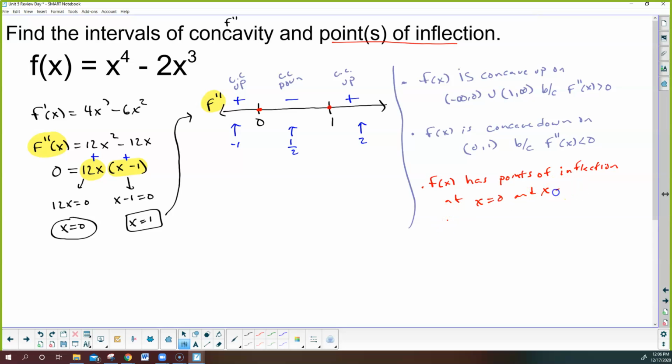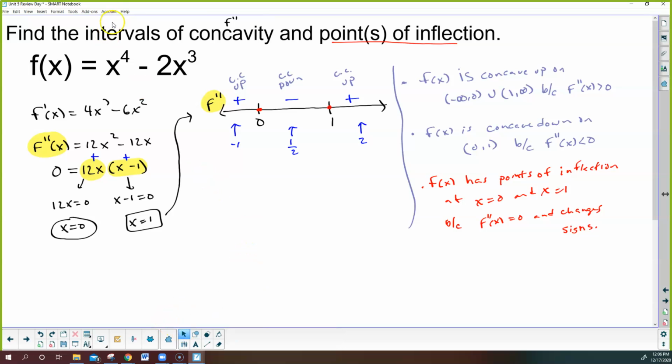Why? Because f double prime is equal to 0 and changes signs. That's all you got to put. You do have to mention that the signs change there for the second derivative.